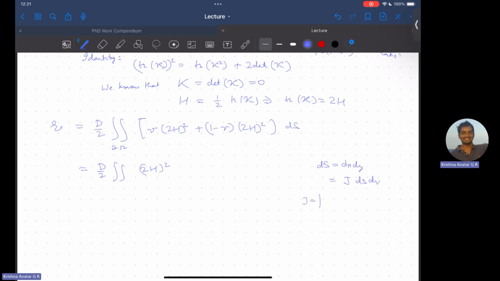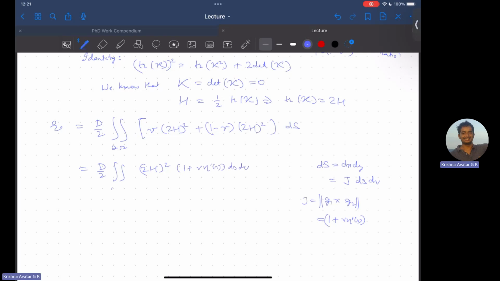And J is nothing but the norm of g1 cross g2, which happens to be 1 plus v eta prime of s. So we can write this as 1 plus v eta prime of s ds dv.